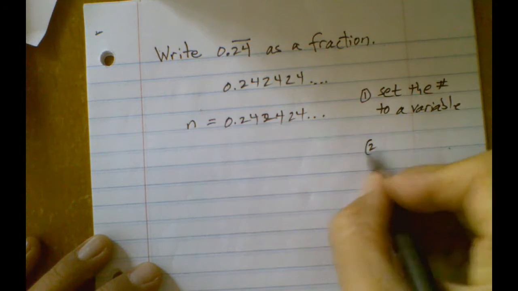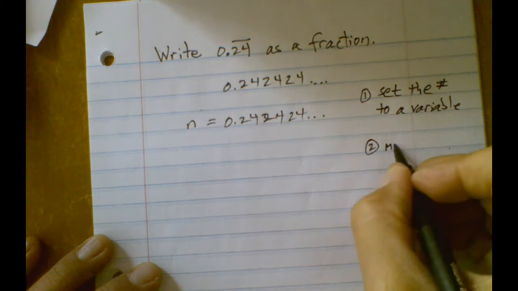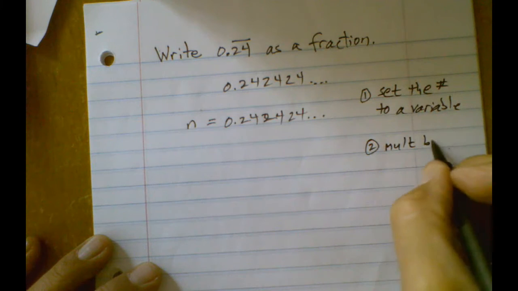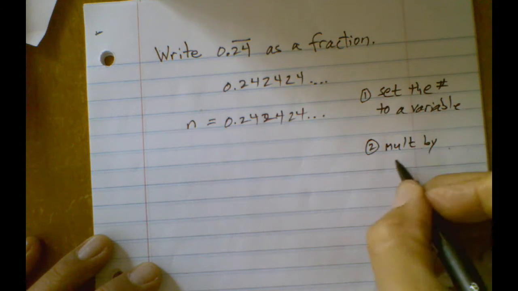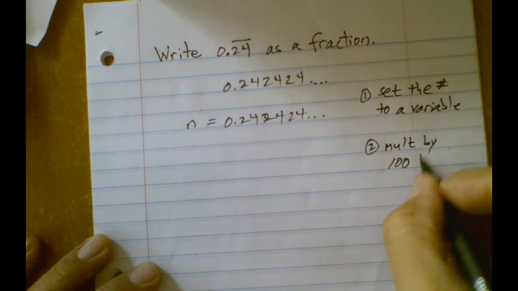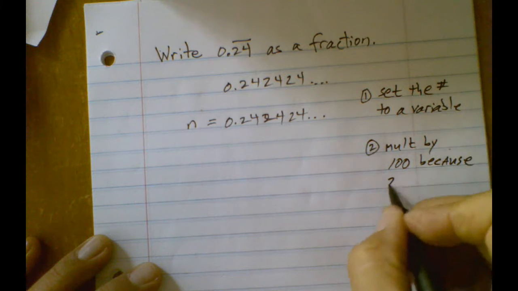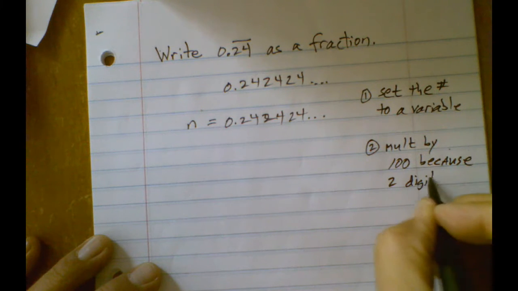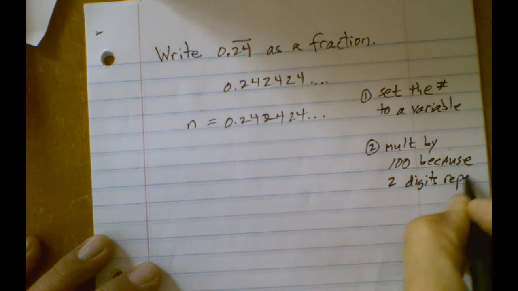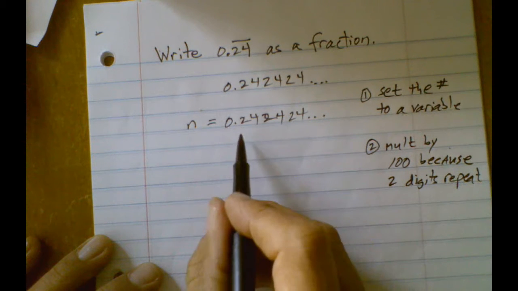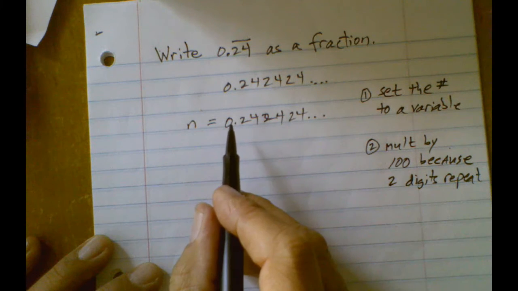Step 2, I'm going to multiply by, in this case, 100, because 2 digits repeat. And remember, when I multiply in an equation, I have to multiply both sides.